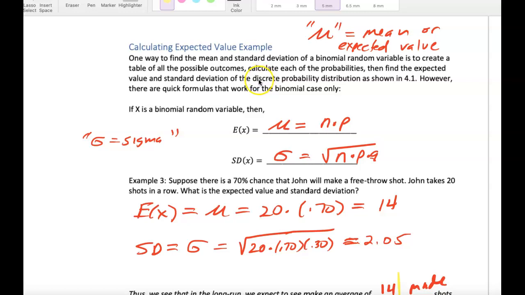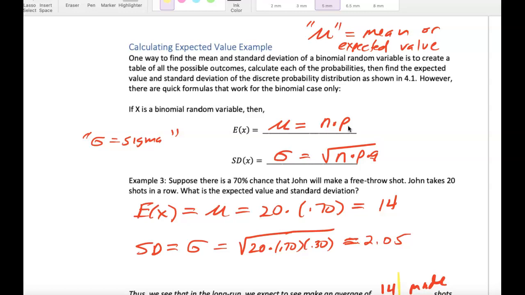Remember, the outcomes are binary, either success or failure. So the expected value, or the mean, the average number of successes, would be n times p: the number of times you're doing something times the probability of success.